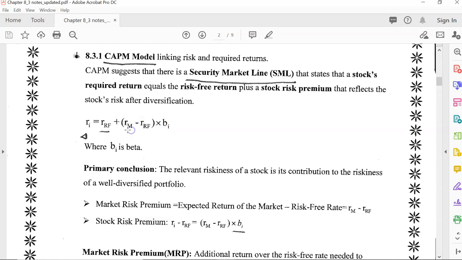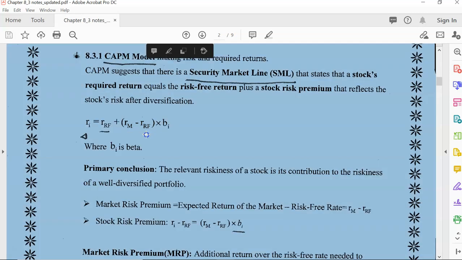And market risk premium is the market return minus the risk-free rate. Remember, market return equals risk-free rate plus market risk premium, so market risk premium equals market return minus risk-free rate. Risk premium is the difference of the return of the asset minus the risk-free rate.